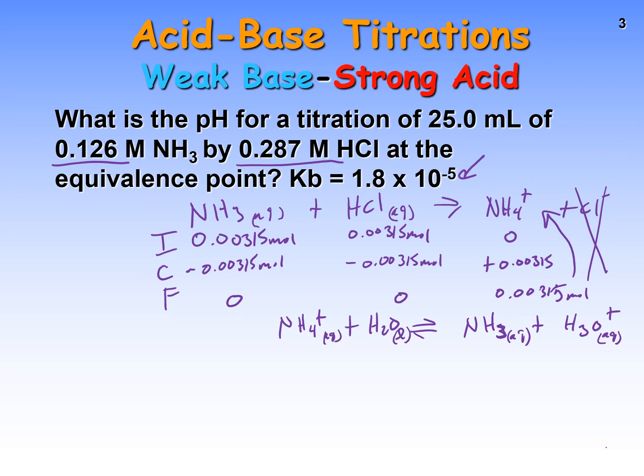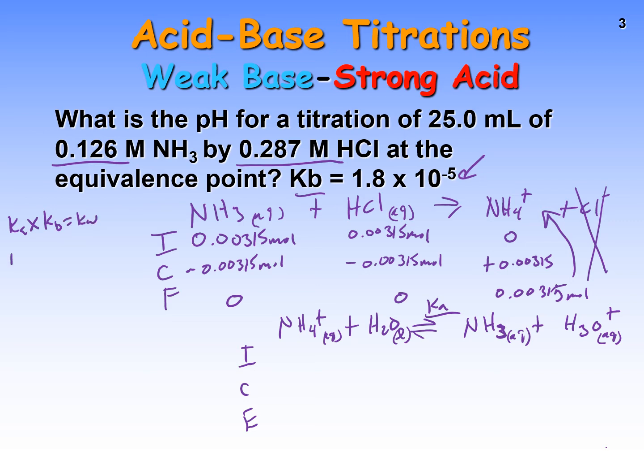And at this point, we need to use an ice table to solve this problem. But the problem is this is a Ka, and we were given the Kb. So I need to calculate what the Ka is for NH4+. We can do that using our equation Ka times Kb is equal to Kw, right?